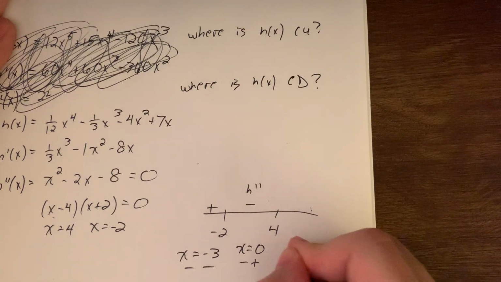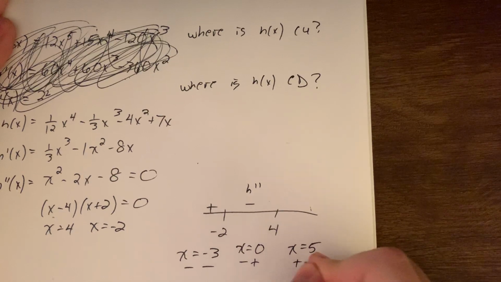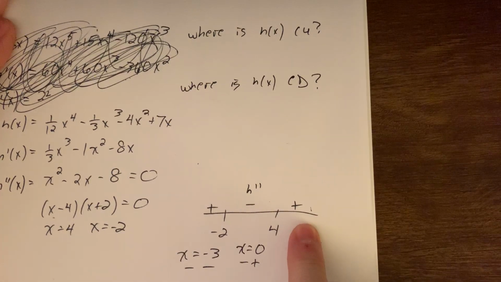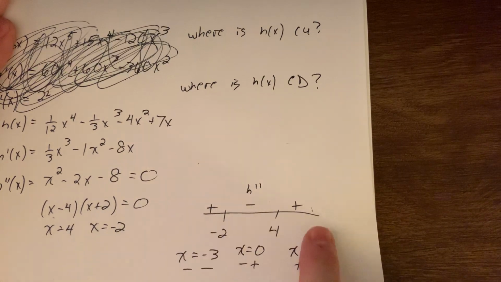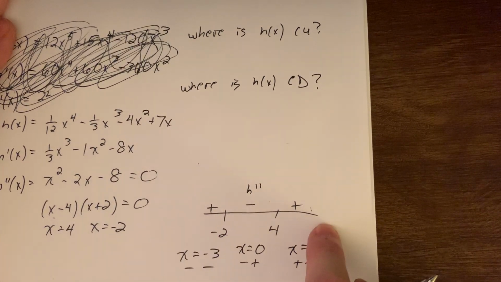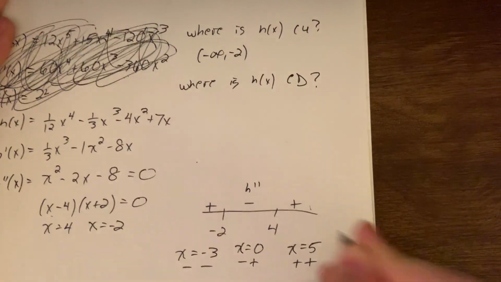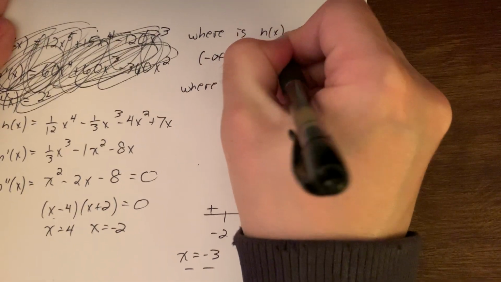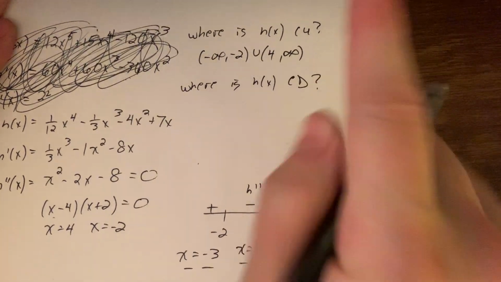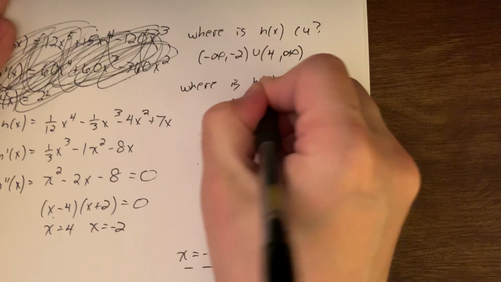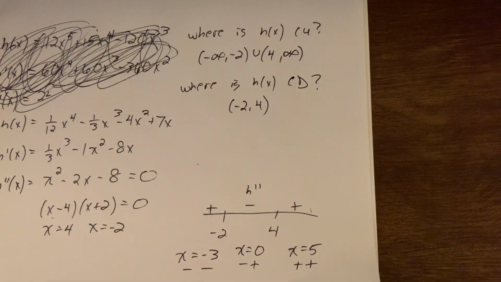So out here, x equals 5, positive, positive, gives me a positive. So the concave up goes with the positive second derivative. So I'm getting two intervals here. This one, negative infinity to negative 2, and this one, 4 to infinity. And the negative second derivative goes with concave down. So we just get negative 2 to 4.